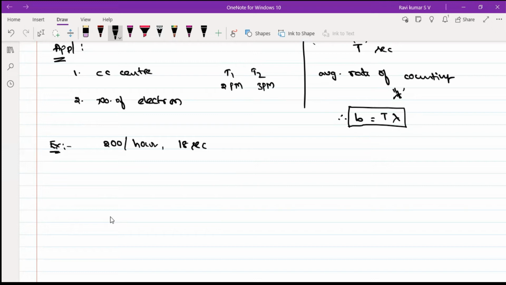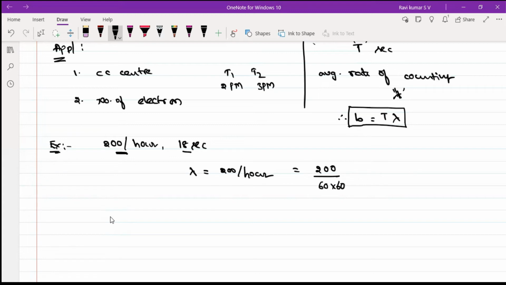In that situation, first you need to calculate the lambda value. What is lambda? The number of calls arrived over the time duration. There are 200 calls per hour, but the time is given as 18 seconds, so try to convert into seconds. So 200 by 60 minutes per 60 seconds.